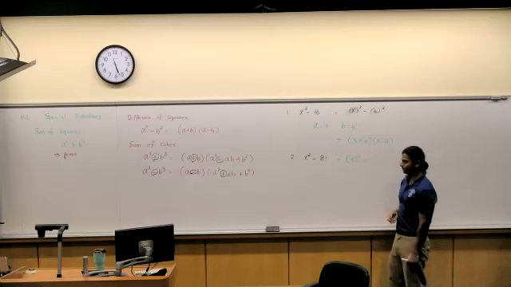What is a? x. And what is b? 9. And what does the formula state? x plus 9 times x minus 9. Good.